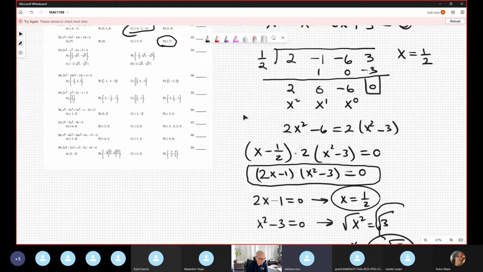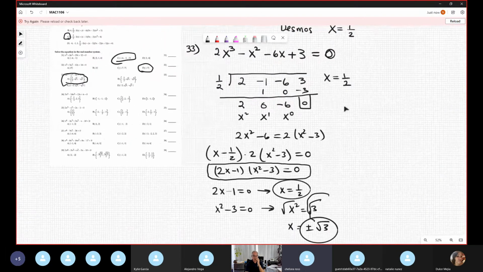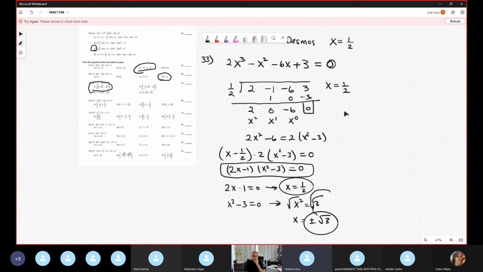What number are we doing? 3, 3. 1/2 positive, radical 3 and negative radical 3 is option A. I try, guys, to cover every possibility in the review because I would like you to see any cases, because there are too many cases. And the factorization of the polynomial determines the zeros.